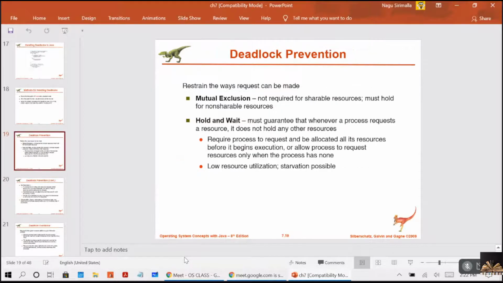A process can request a resource when it is not holding any resources. A process may request some resources and use them. Before it can request any additional resources, it must release all the resources that are currently allocated.